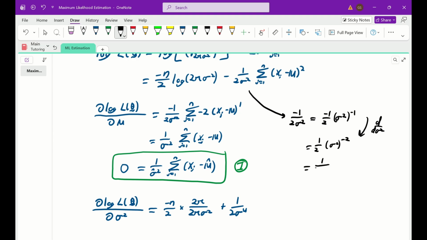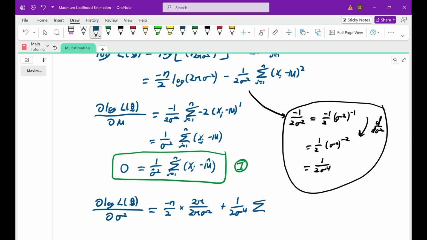So that should be 1 over 2 sigma to the 4, right? Which is what I said over here, but I always mentally go through this process. Then the term after remains there, so it's a constant with respect to the derivative, so we still get this term, sum j equals 1 to n of xj minus mu squared, right?